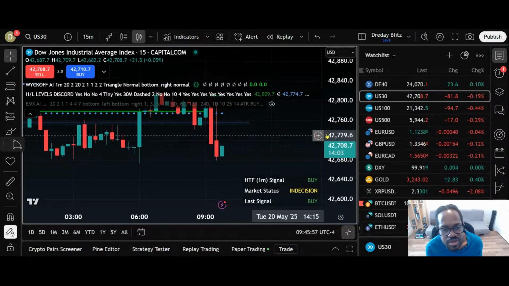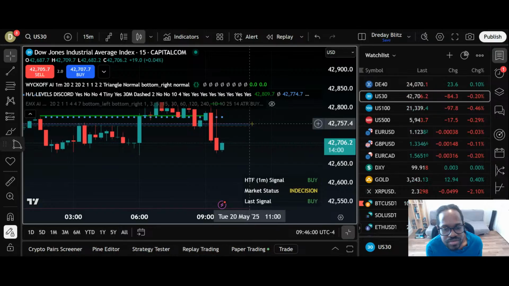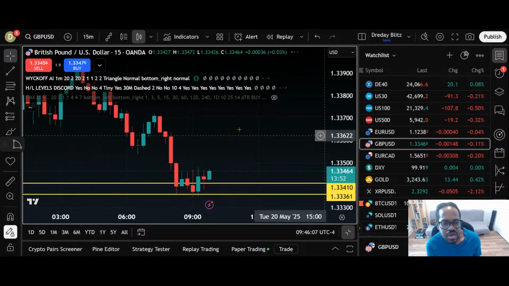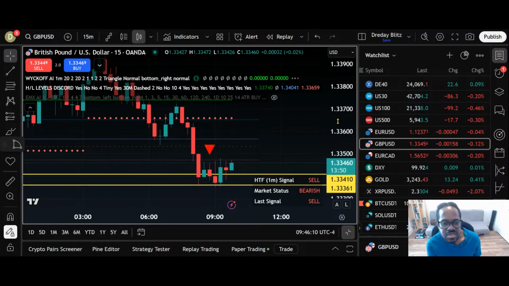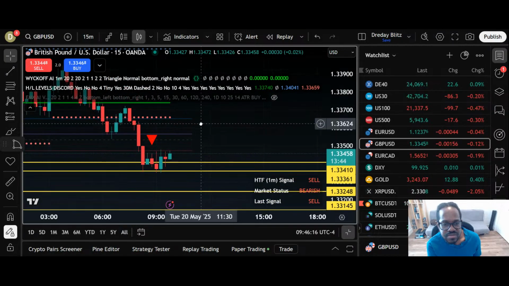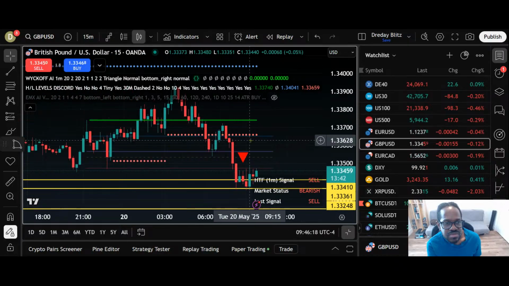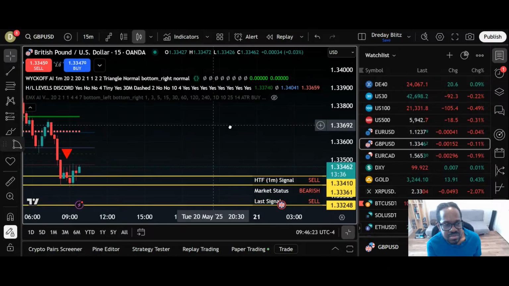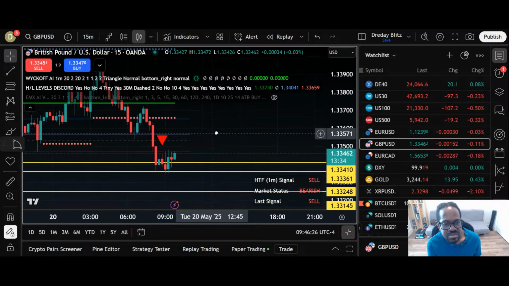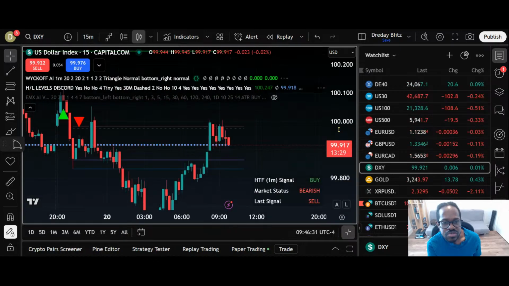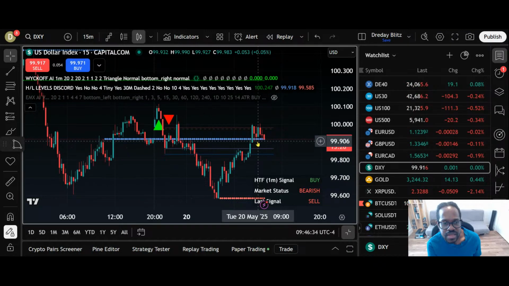We'll wait for that 50-minute to close. No signal so far. The only signal that we had was on US GU on that 15-minute chart, and it's consolidated since then. So it will depend on DXY, what DXY wants to do, and DXY is consolidating off of that level.